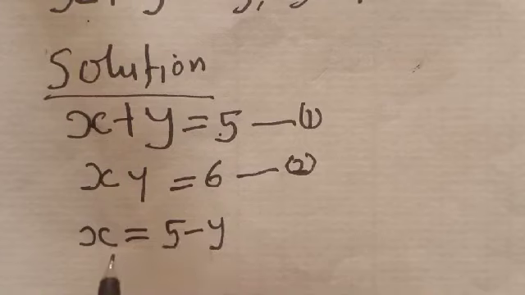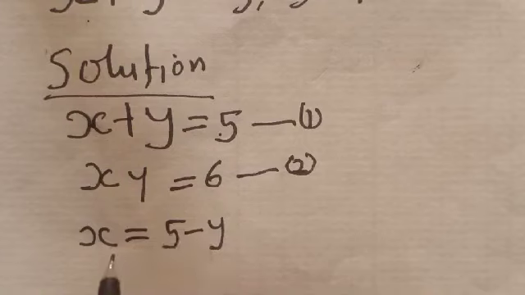Now we can substitute for x in, let's say, equation 2, because from equation 1 we made x the subject of the formula. Let's substitute for x in equation 2.